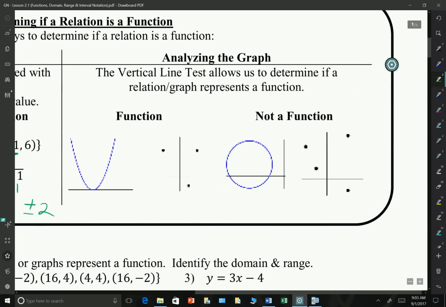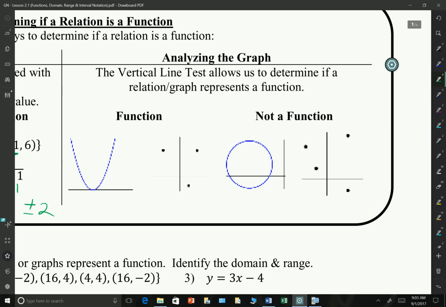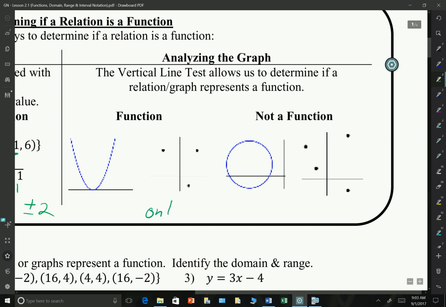Now this, you learned in Algebra 1, is called the vertical line test. If you want to determine something's a function, it can only intersect once. If it does not intersect once, if it intersects 2 times or 3 times, it's not a function.